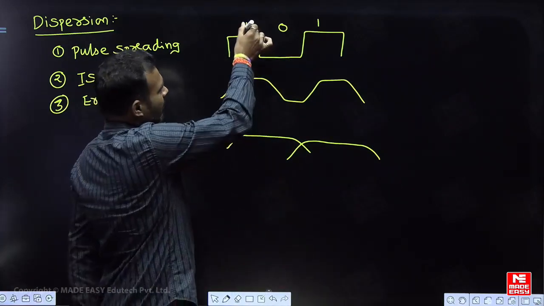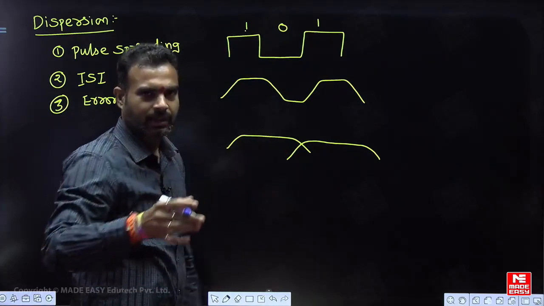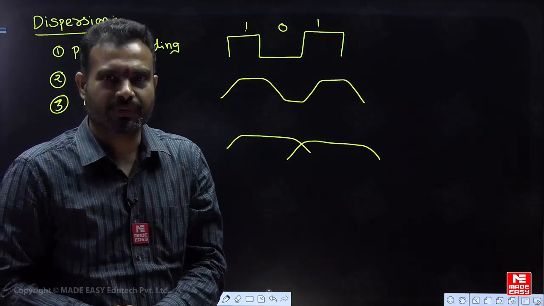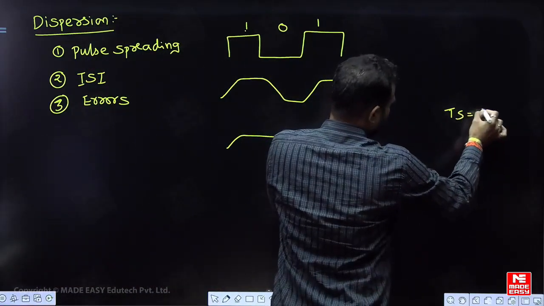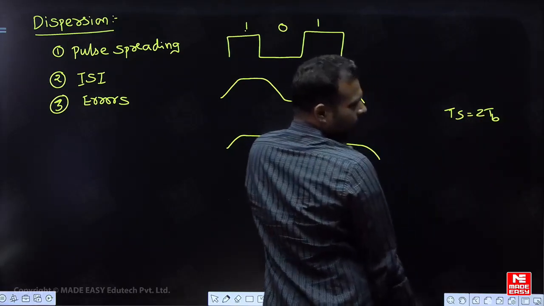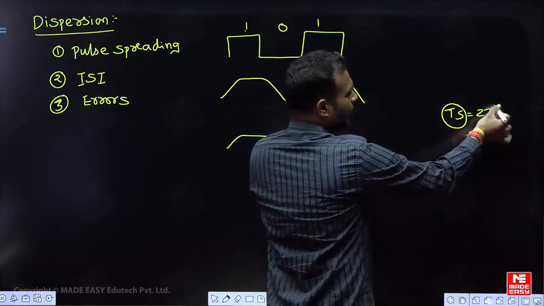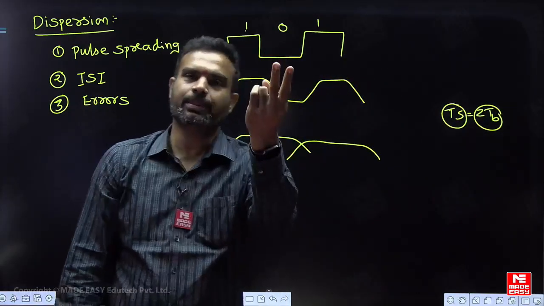See, this is one symbol. Symbol means a group of bits, a combination of bits, is called a symbol. For example, TS is equal to 2TB. What is the meaning of this? The duration of a symbol is 2 times the bit duration, because 2 bits are carried by one symbol.